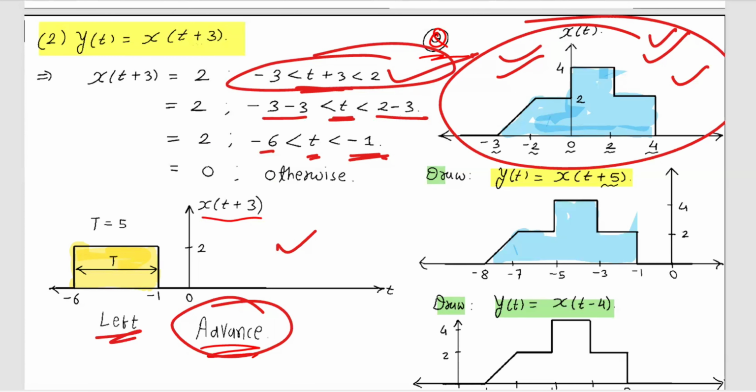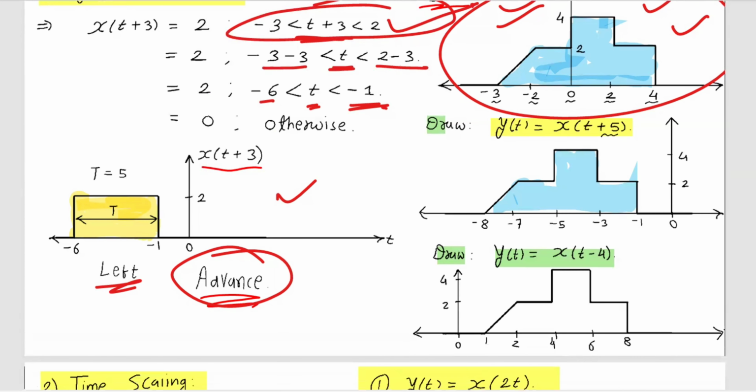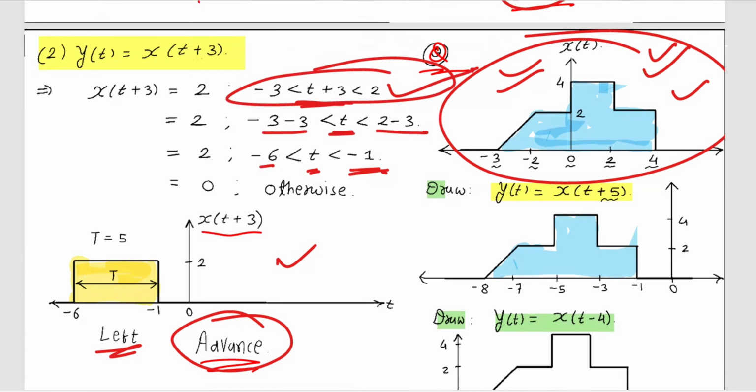The shortcut here, my friends, is like this. All these values, minus 3, minus 2, 0, 2, 4, would be shifted to the left by 5 units. So since it is plus, you subtract 5 from all of them: minus 3 minus 5, minus 2 minus 5, 0 minus 5, 2 minus 5, similarly 4 minus 5. So again you are getting a signal which is left shifted, which is advanced.